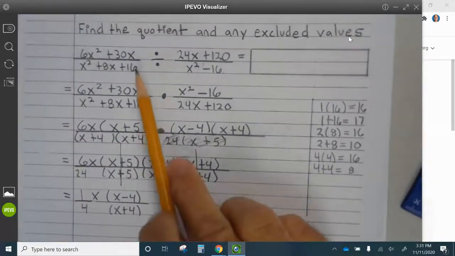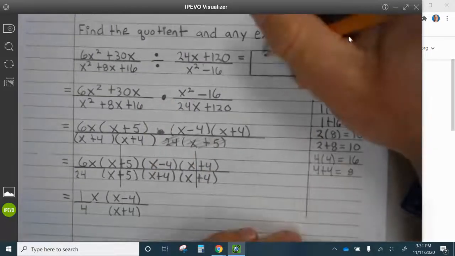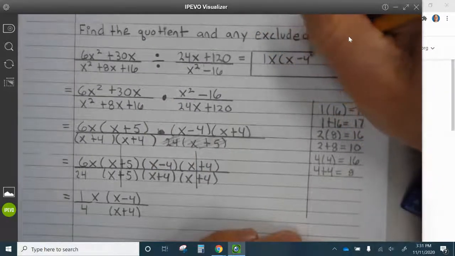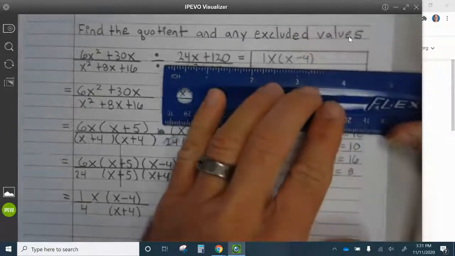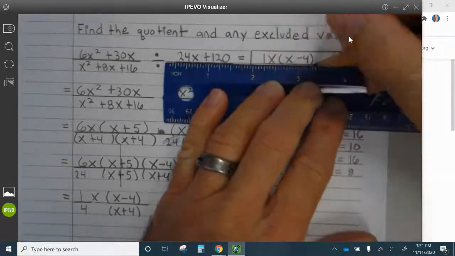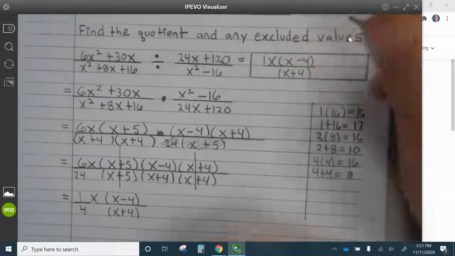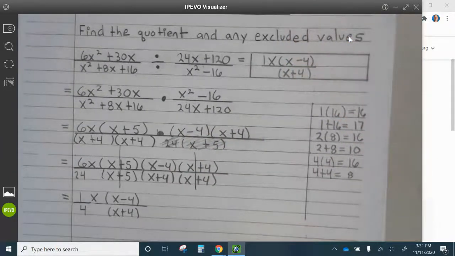So this divided by this is 1/4 x times x minus 4 divided by x plus 4.